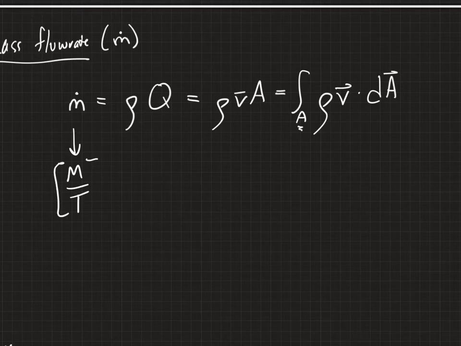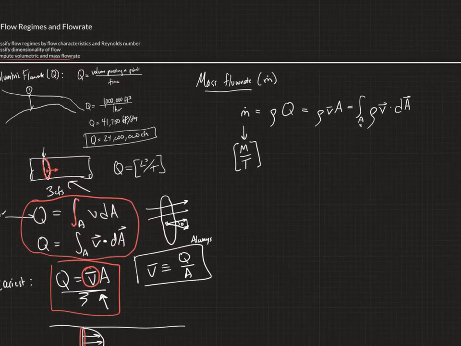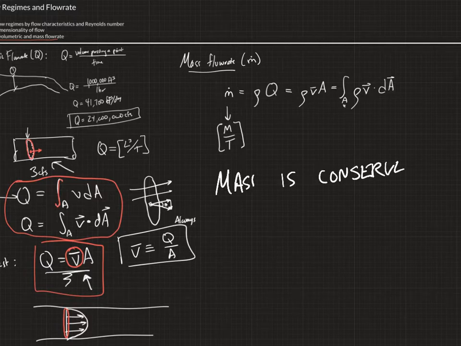So it should be kilograms per time, or it should be slugs per time. Do avoid the slugs. One thing that I want to note between these two, mass flow rate and volumetric flow rate, is that mass is conserved. This is key. Volume is not.